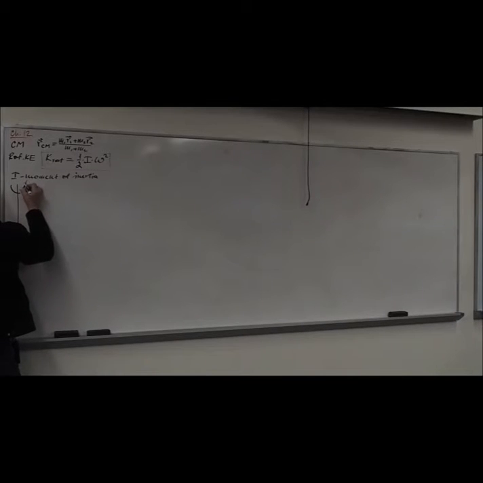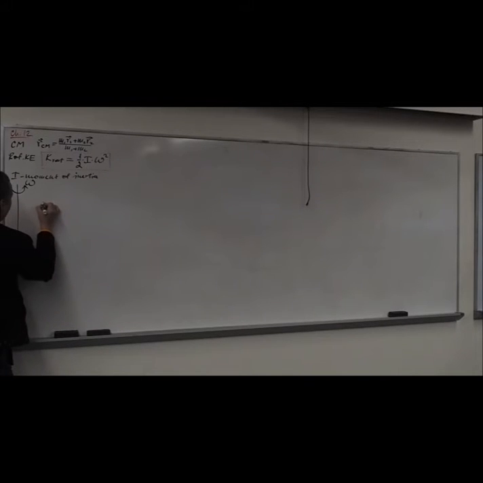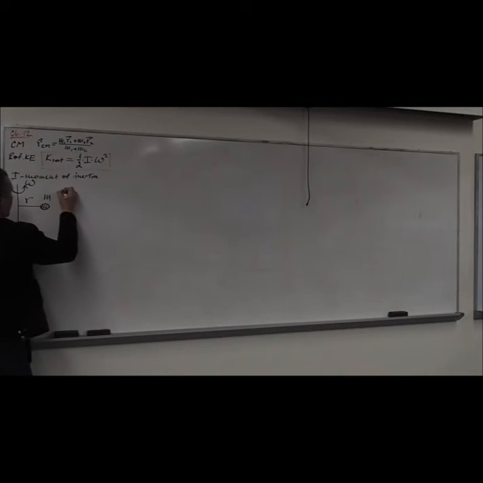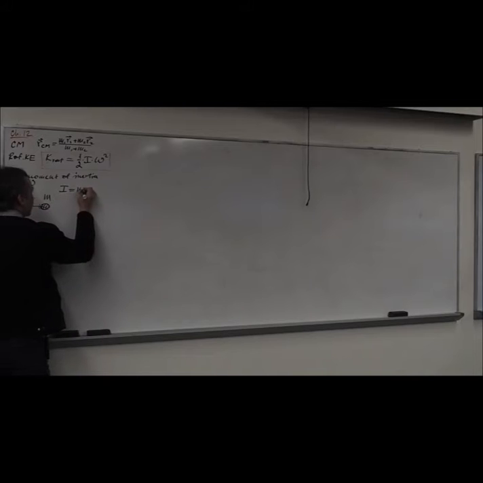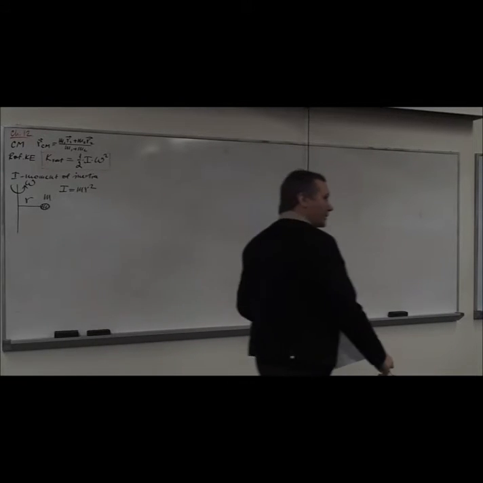So, let's say we have a system which is spinning or rotating around this axis of rotation. And let's say we have mass m at a distance r. So then, moment of inertia is mass times square of the distance from the axis of rotation.